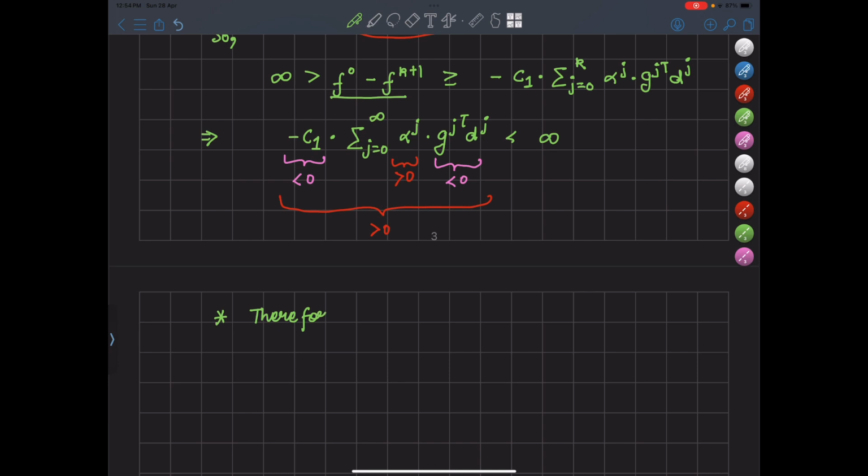We'll use this logical statement to write that therefore the sum of finitely many positive terms is finite.